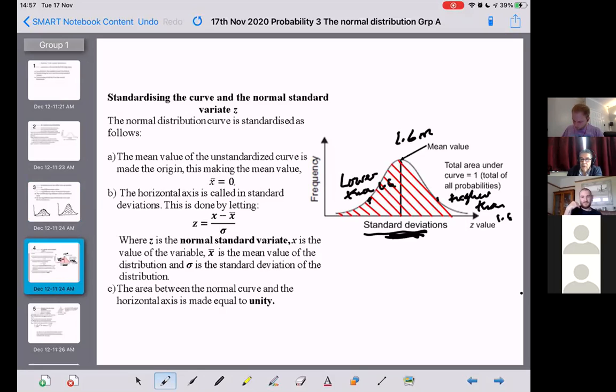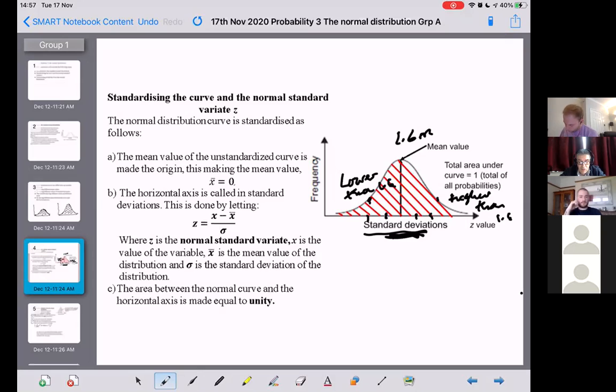And the measure is how many standard deviations, remember we calculated standard deviation last week, are you away from that center. So the horizontal axis is calibrated in standard deviations. This is done by letting Z equal x minus x bar over the standard deviation.